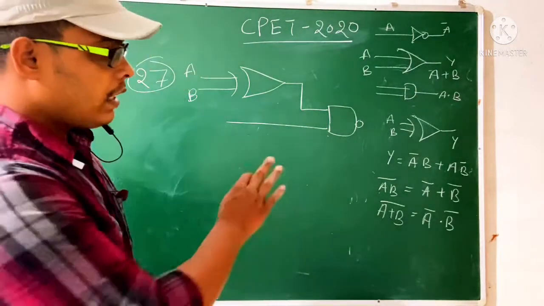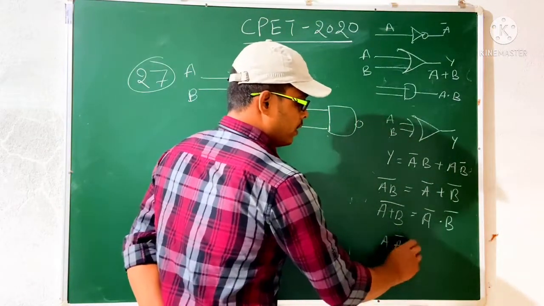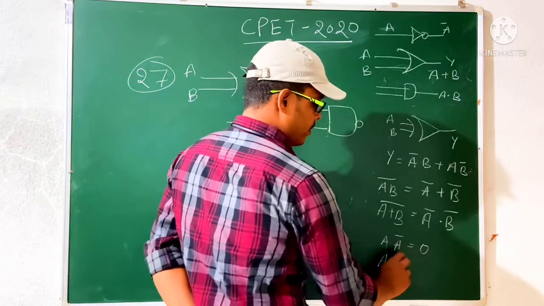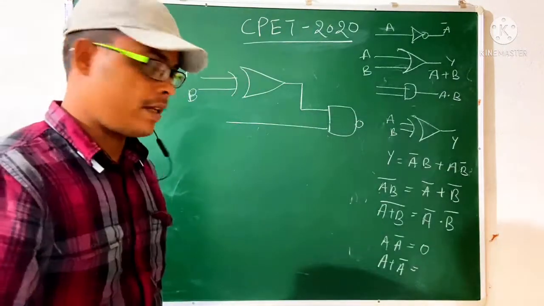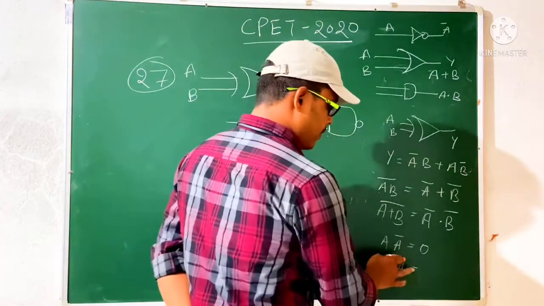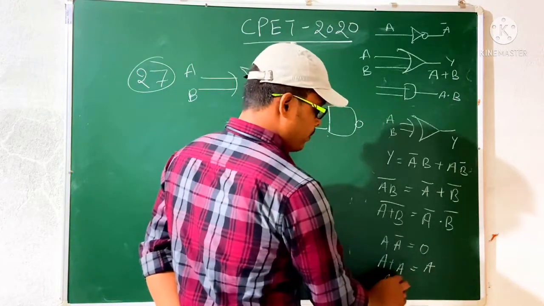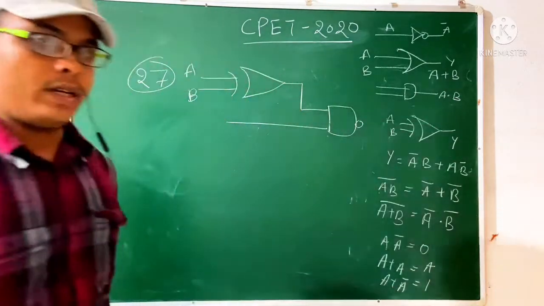So these are two important things, and another important thing to remember: A dot A bar is 0, but A plus A bar will give you 1. What is A plus A bar? Remember, A plus A is also A, but A plus A bar will give you 1. These are important things.